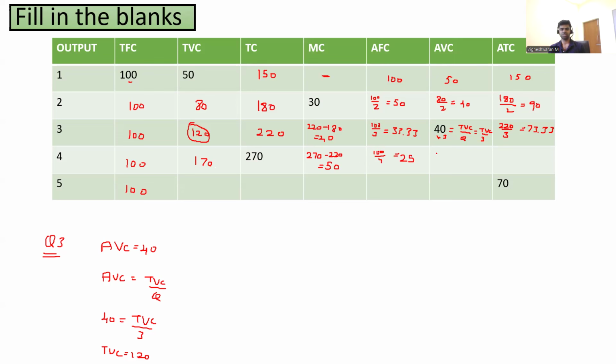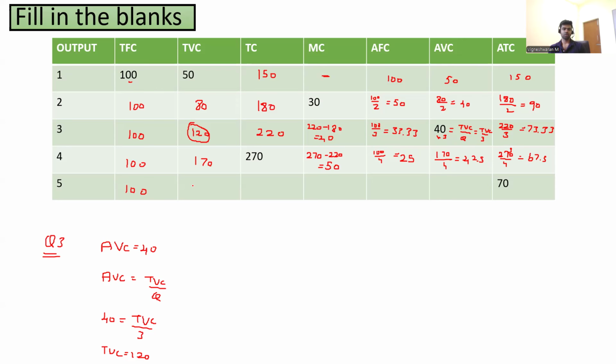Average variable cost is 170 divided by 4, that is 42.5. Then here it will be 270 divided by 4, that is 67.5, right? 7 fours are 28, 67.5.